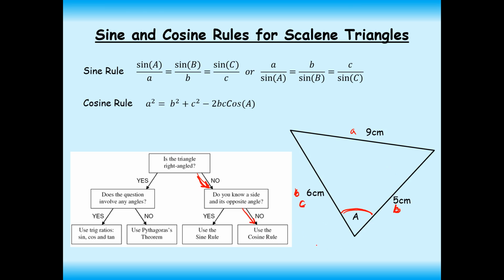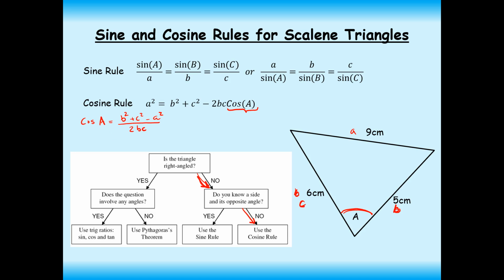Another way I remember the cosine rule is every time I have all three sides of the triangle and I don't know any of the angles, that's going to be cosine rule. The rearrangement of this cosine rule, if you go through the rearrangement, you end up with this format where you have b squared plus c squared minus a squared divided by 2 lots of bc.